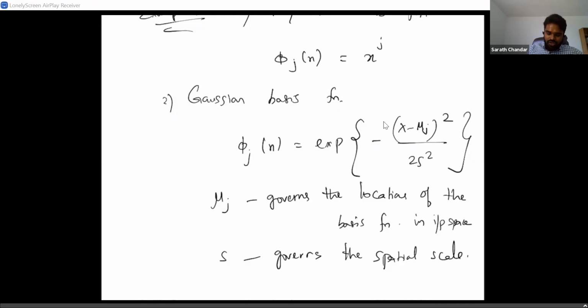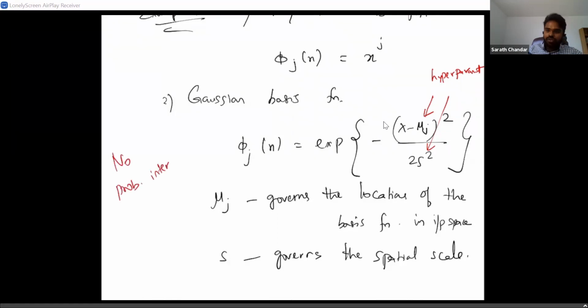These are just hyperparameters. So mu j and s are hyperparameters. We are not going to learn them. These are hyperparameters of the Gaussian basis function regression model. We will pick some m minus 1 mu j's and an s, and we are going to use that to transform the x into something like a Gaussian. This Gaussian basis function has no probabilistic interpretation.